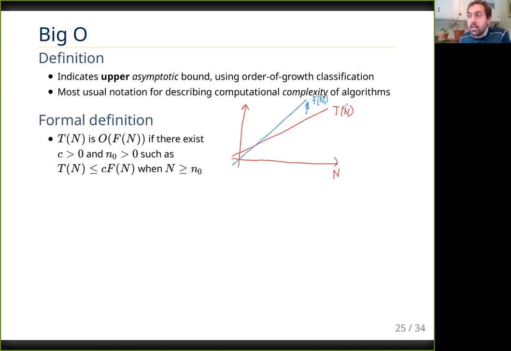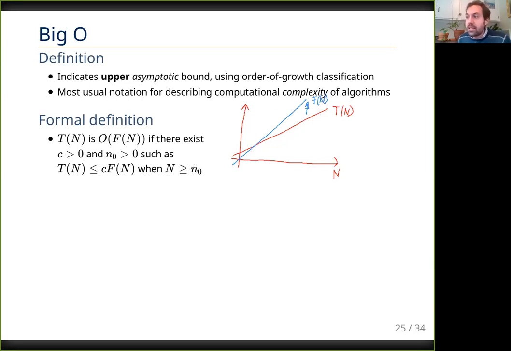And we say that T of n is O of f of n if there is a coefficient c greater than 0, and a certain constant n0, also greater than 0, such that T of n is always smaller or equal to c times f of n when n is greater than this constant n0.